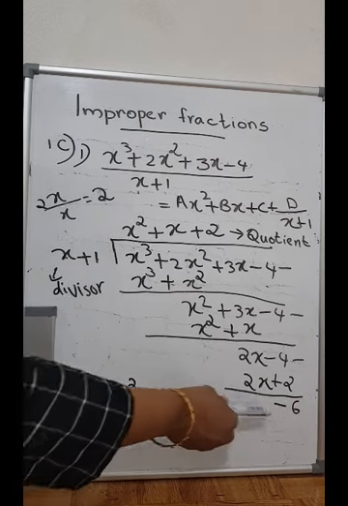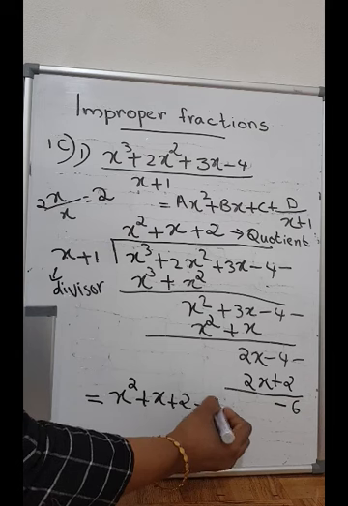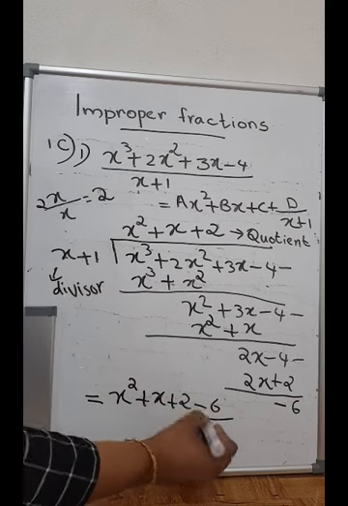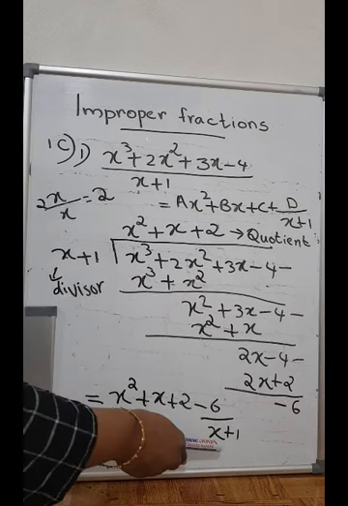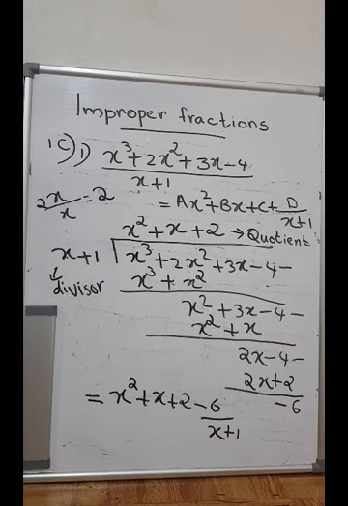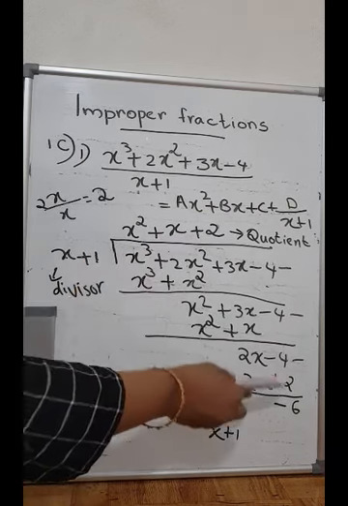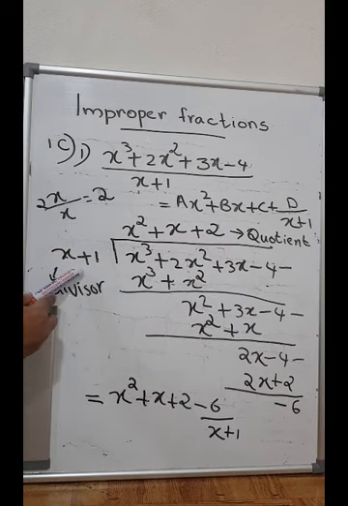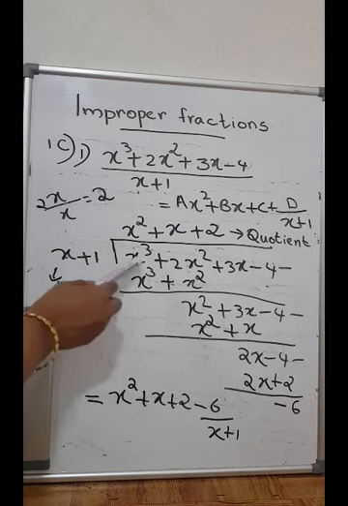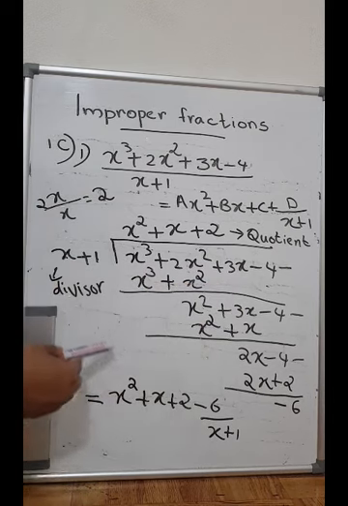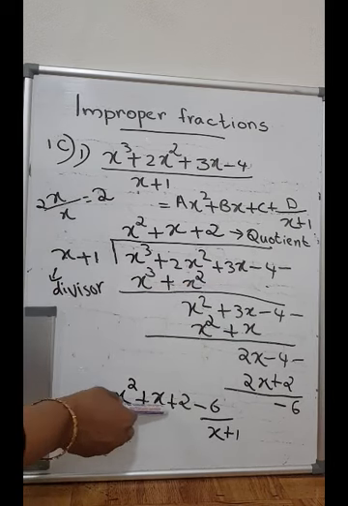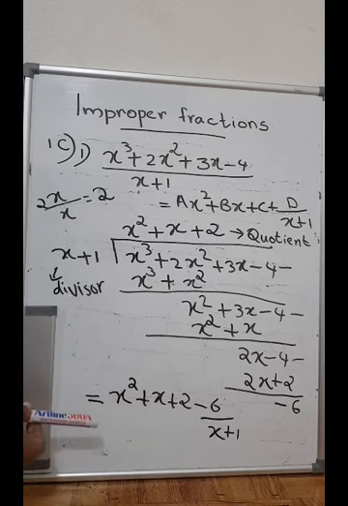The remainder is always written as a fraction with the divisor. So x cube plus 2x square plus 3x minus 4 divided by x plus 1 is x square plus x plus 2 minus 6 divided by x plus 1.